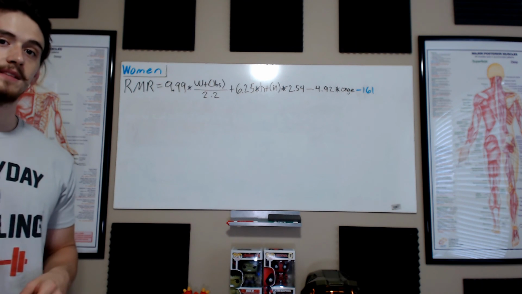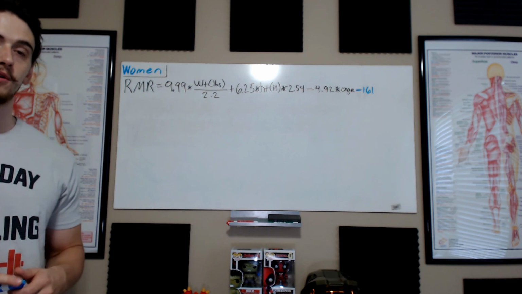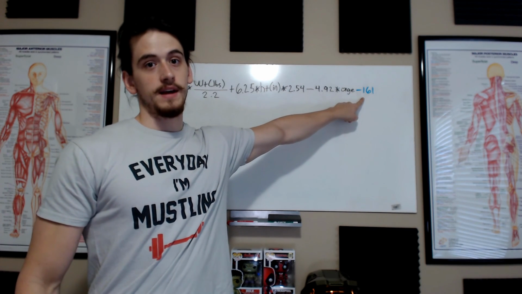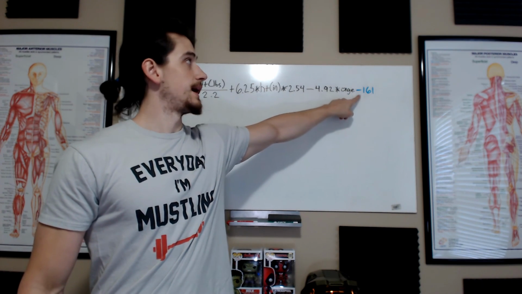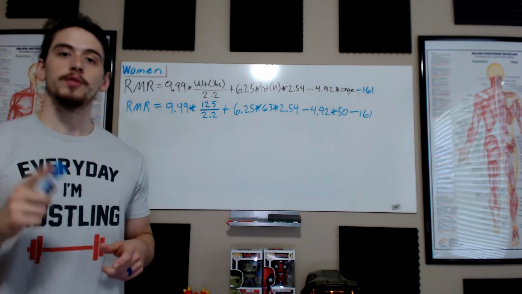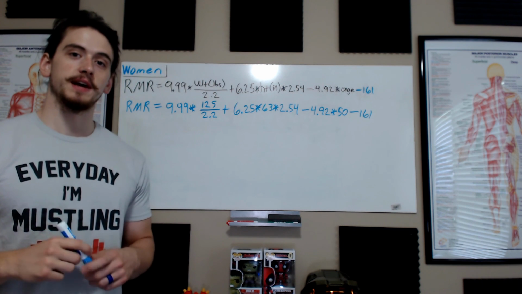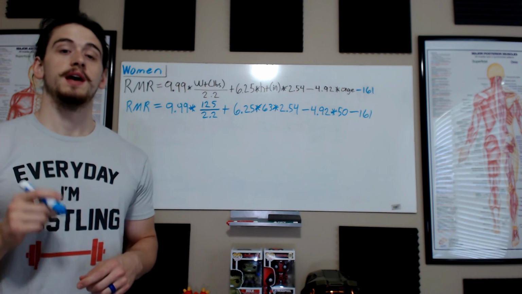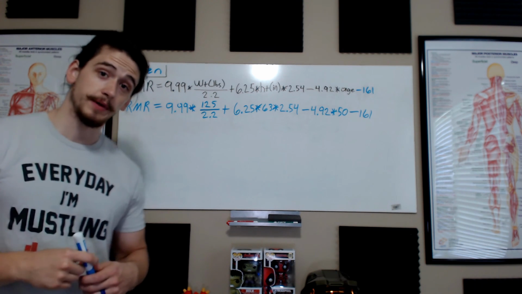For the women's equation, it's going to be exactly the same, with the exception that in the men's equation for resting metabolic rate, at the end here, it had +5. And for the women, it is -161. The woman in this example is going to be a 50-year-old who is 5'3" and weighs 125 pounds.